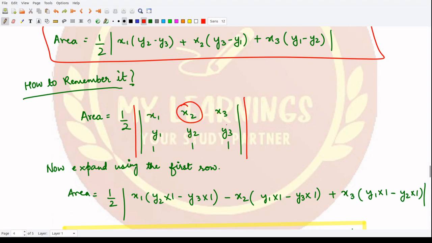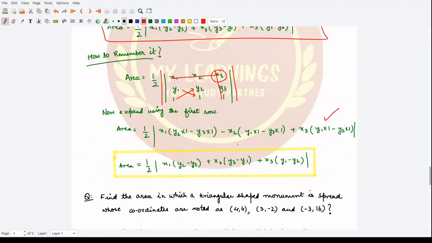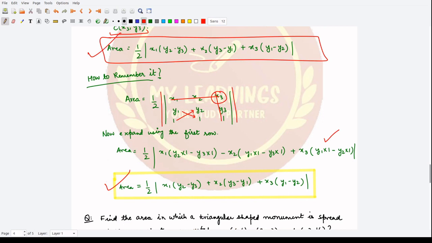And for the last element, you will write plus x3, and you'll delete this row and column, so that you will have y1 into 1 minus 1 into y2, correct? So this becomes your formula. When you simplify it, you see this is exactly equal to our formula here, right? And this is the modulus. So even if a negative number comes, we skip that negative and take only the positive part.